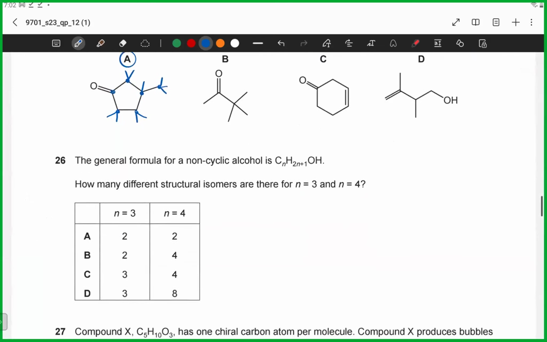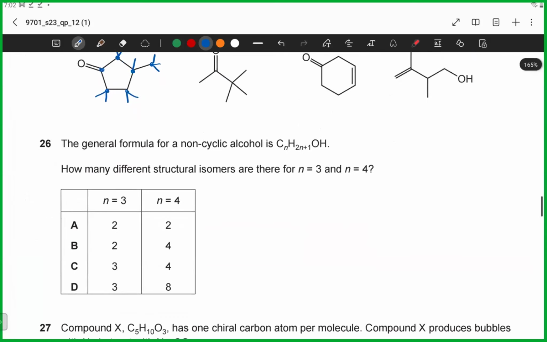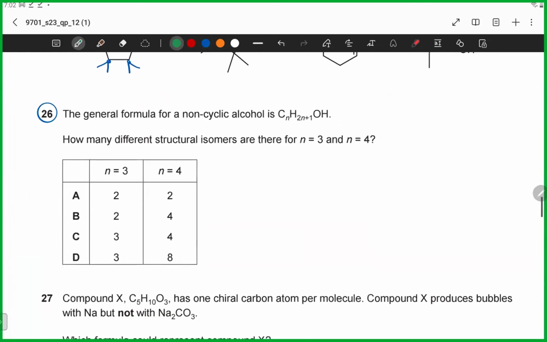That's the next one. How many different... ये एक फालतू का क्वेश्चन आता है, इस पे टाइम ज्यादा ना जाया करना पेपर में, इसको बल्कि एंड पे ही रख लेना. ठीक है. अच्छा, how many different structural isomers are there for n is equal to 3 and n is equal to 4? अच्छा चलो, he's just limited to structural isomers. ठीक है, only structural isomers. तो पहले n is equal to 3 में क्या होगा?